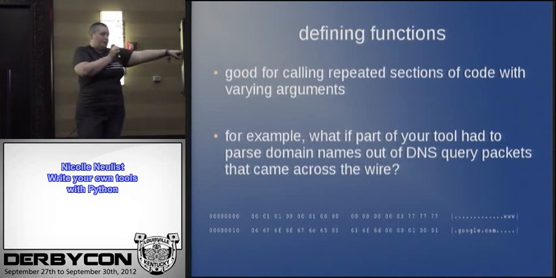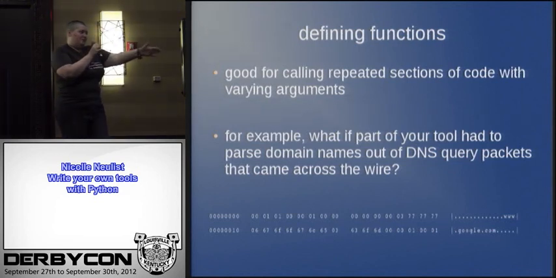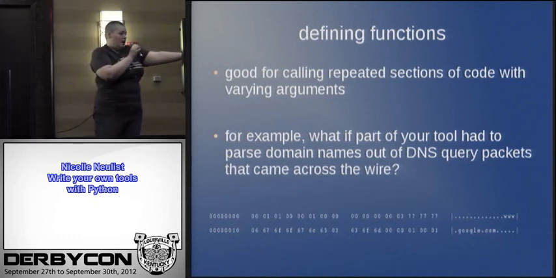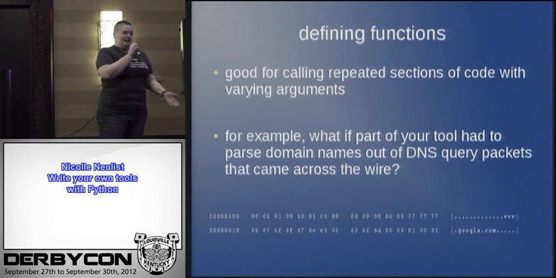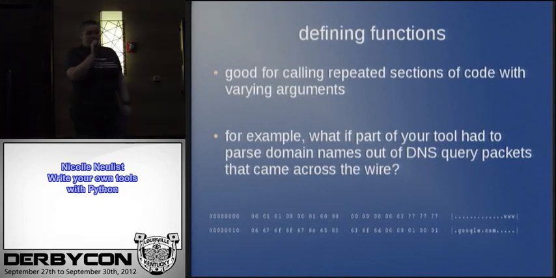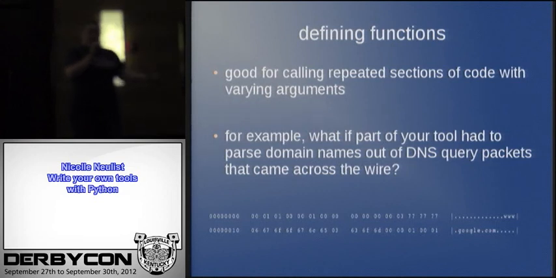That www is 14, 15, 16, but Python starts at 0 instead of 1, so 13, 14, 15. You want to start parsing at the 13th. And then you see those last 5 bytes, 0, 0, 1, 0, 1. Again, not text, not part of the address that you're trying to parse. So basically all that does is cut off the beginning and end that you don't really care about for this purpose, and saves as the string that you're going to be playing with just what you care about.